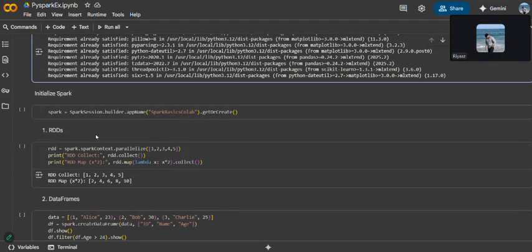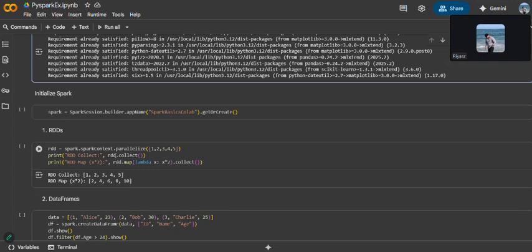Basically, RDD means resilient distributed datasets. It is a distributed collection of elements that can be processed in parallel. It is Spark's core data structure. In that, we give the input as 1, 2, 3, 4, 5 and we print collect, which brings all the RDD elements to the driver.